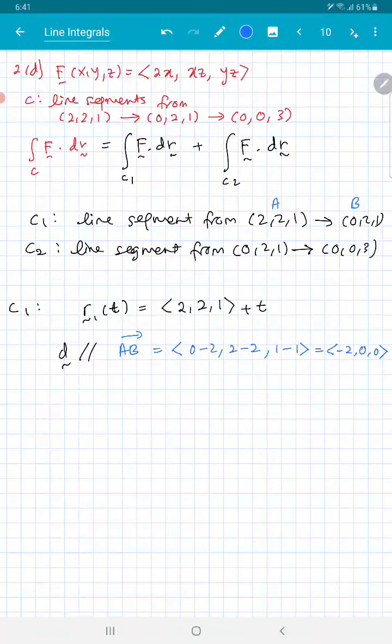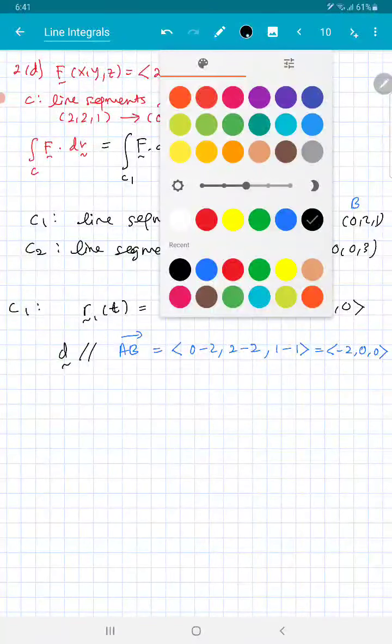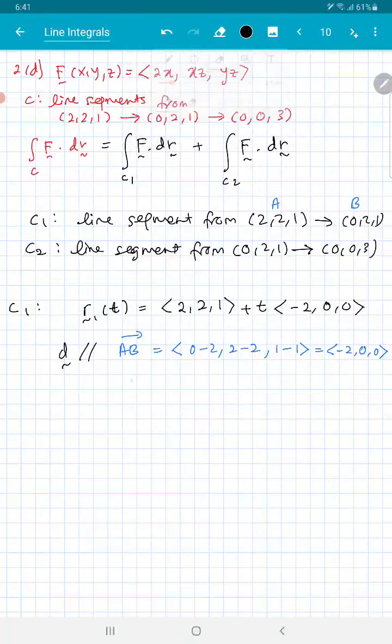Now we can come up with the equation of a straight line. r1(t) is equal to 2i plus 2j plus 1k plus parameter t times our vector d, which is negative 2i plus 0j plus 0k. Then let's simplify the vector function r(t).